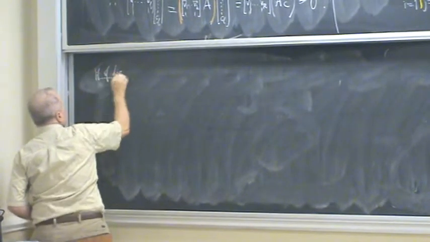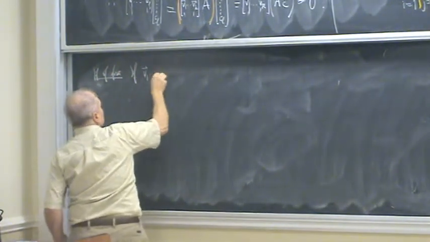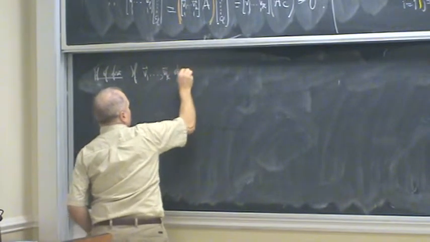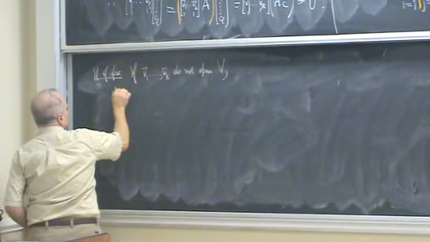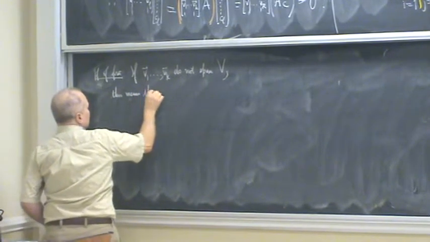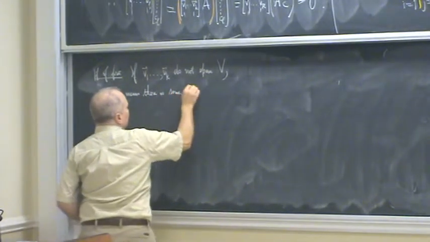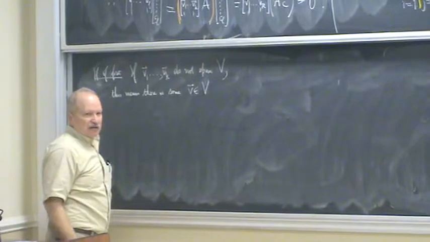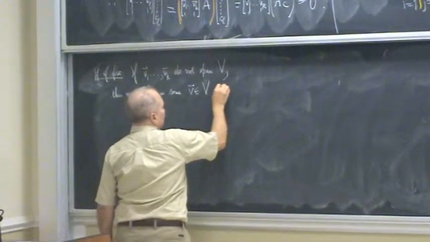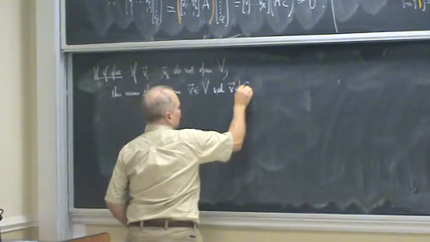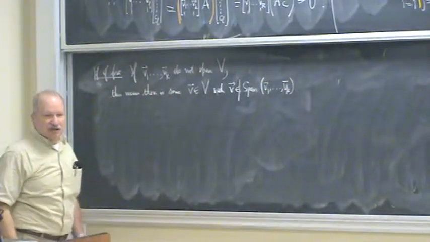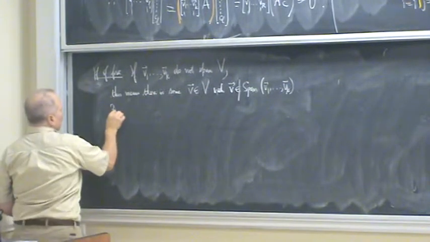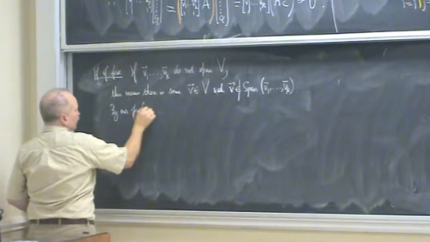So the proof of the first one is going to be: if V1 to Vk do not span, this means there is some vector V in V that is not in the span of the first K. So by our proposition from Monday, you can add another vector.